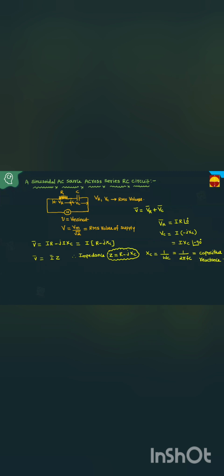Here you have to draw the phasor diagram. To draw it, what is the observation here? VR and I are in phase. For a resistance, voltage and current are in phase. What about voltage and current for the capacitor? This is minus 90 degrees now.